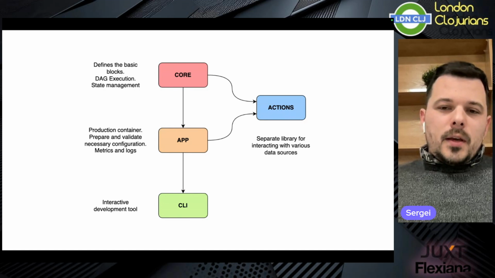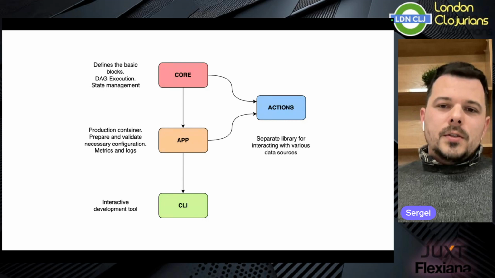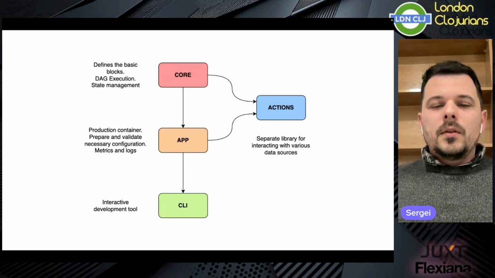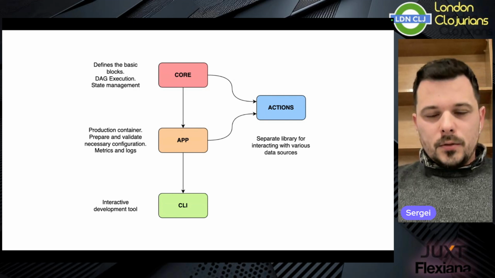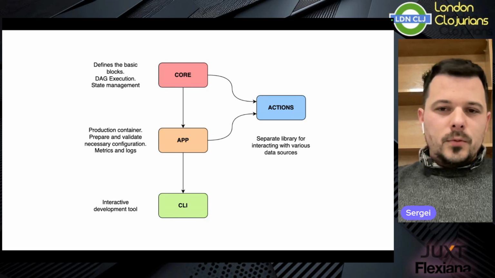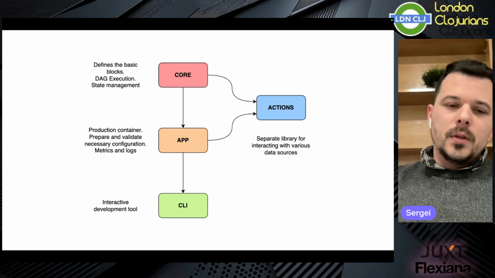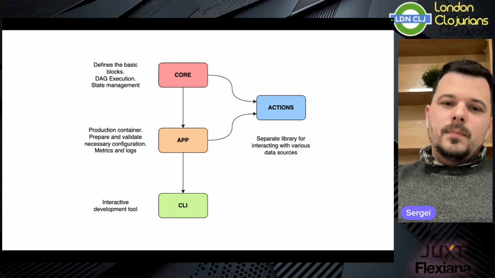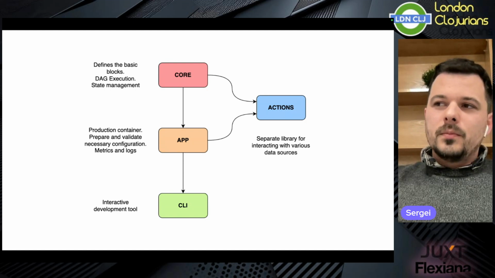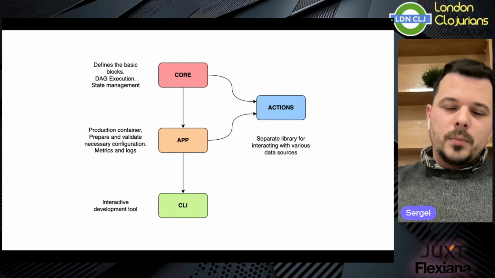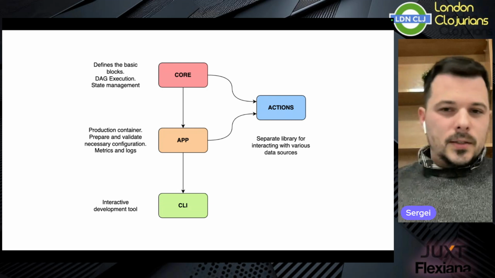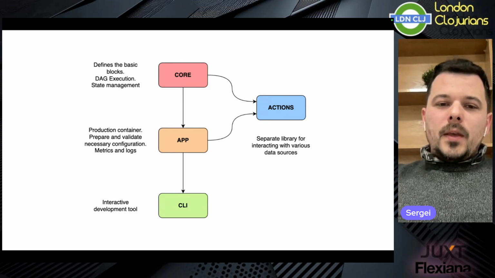And Colette Actions is a separate actions library designed to get data from third-party sources like databases and APIs. It could be just REST APIs, it can be an OData-specific API format, or it could be S3 storage for uploading and downloading files. So this is mostly third-party integration. And we have app.